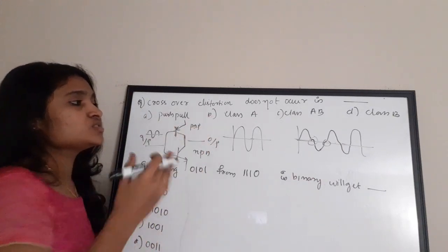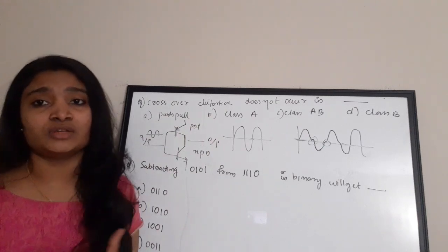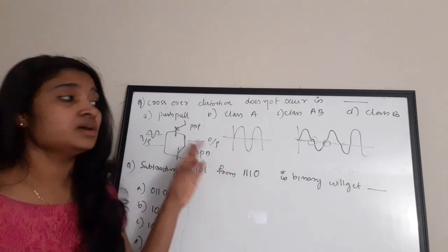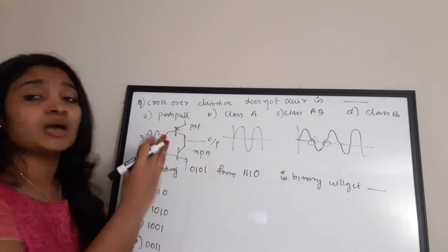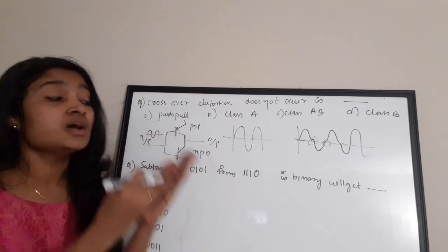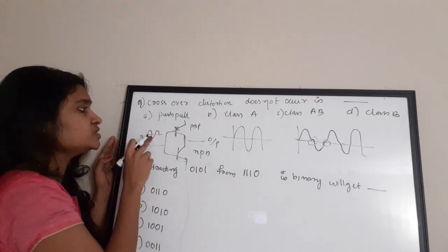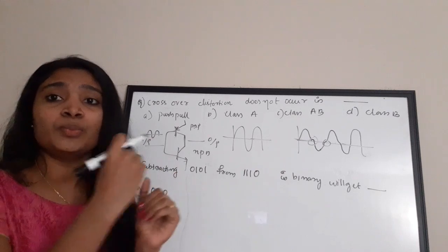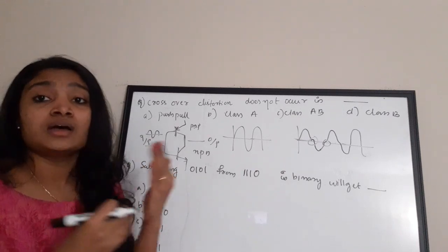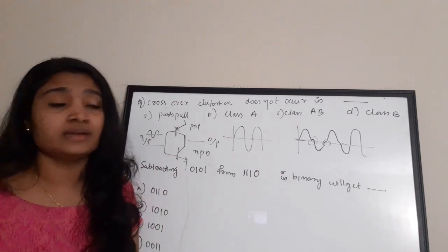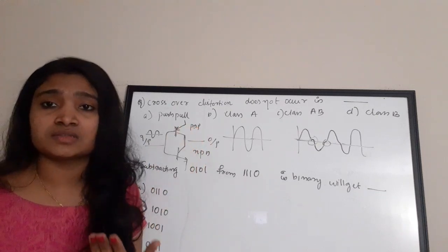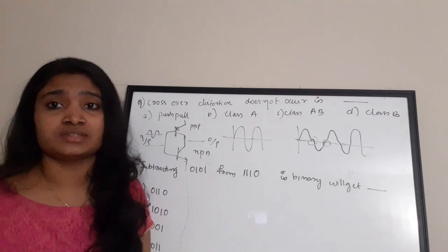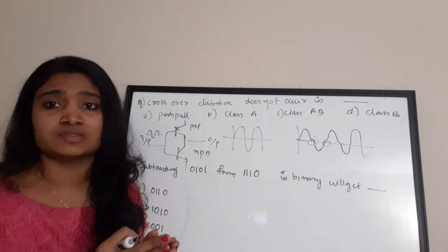Now, why this crossover distortion is happening, I'll tell you. Ideally, we give some input to this transistor and we should have an exact amplified version of that signal, right? But this signal passes through 0 and then slowly rises from 0, 0.1, 0.2, likewise. And to turn on the transistor, we know that transistors are basically PN junctions, two PN junctions forming one transistor.